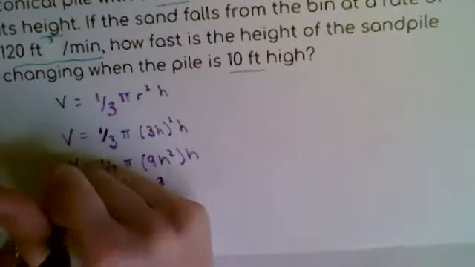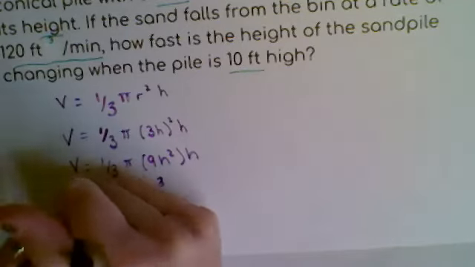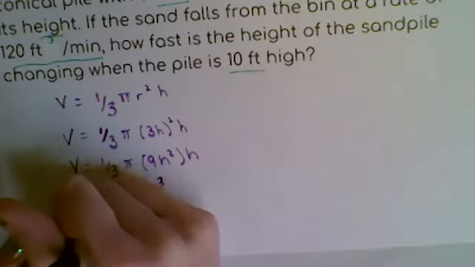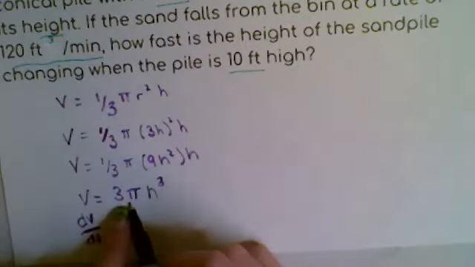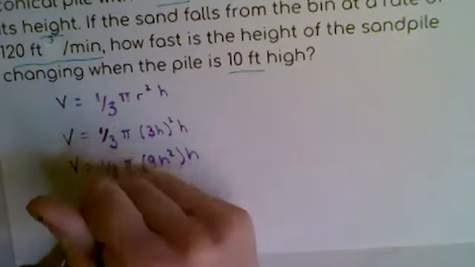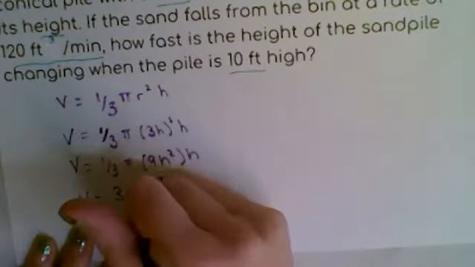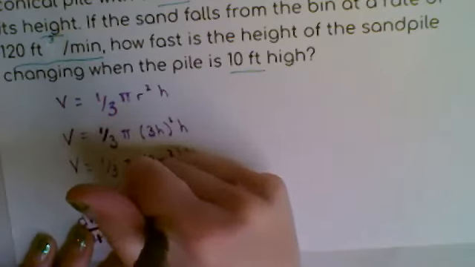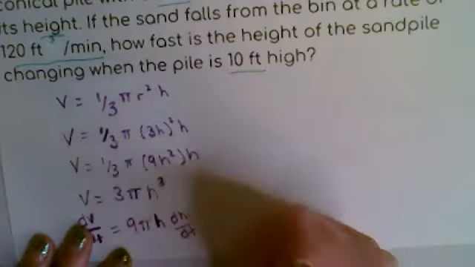So dV/dt, the derivative of volume with respect to time, is going to be 3 times 3, which is 9, and then my h is going to be squared, times dh/dt, the derivative of my height with respect to time.